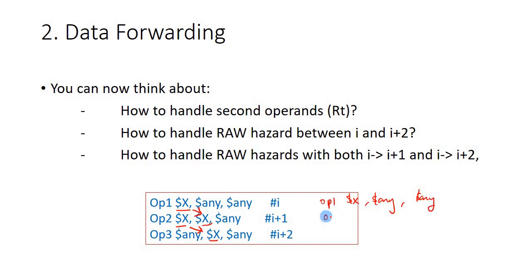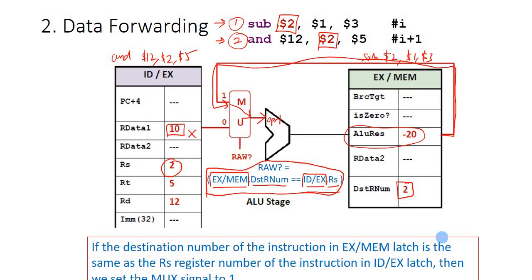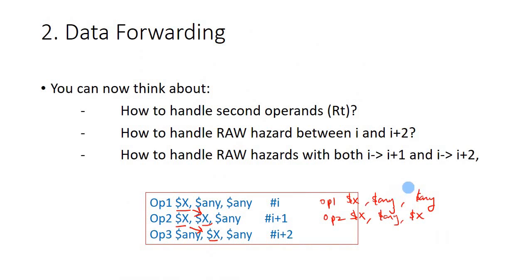But my second instruction is written as this: operation X, any register, and then X. Now that I change the second instruction slightly, do you think that the earlier hardware that we just saw solved the problem? If I look back at the earlier hardware, is this hardware going to solve the challenge of data forwarding if this is my second instruction? The answer is no.